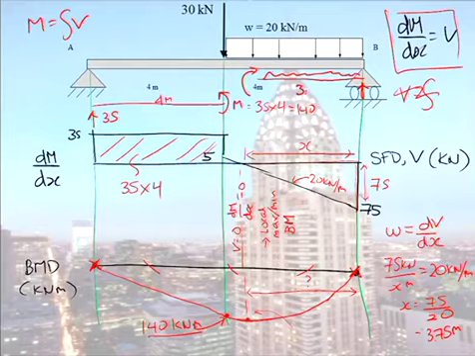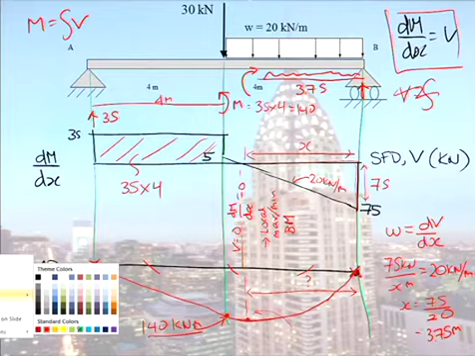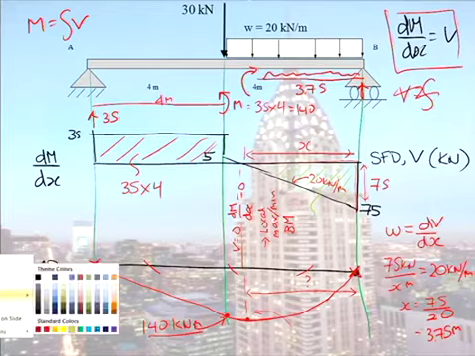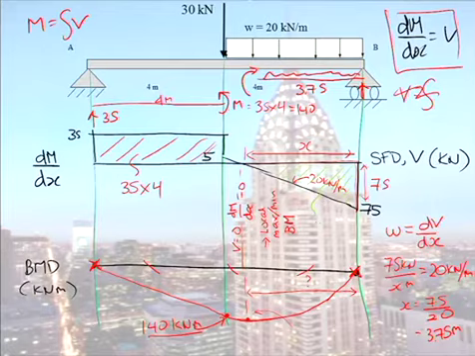Now, if I want to know the moment there, I could just cut it there at 3.75 metres and actually use equilibrium and calculate that moment. Perfectly valid way. But what did we say bending moment is equal to? It's equal to the area under the shear force diagram. So what's the area of a triangle equal to? Half base times height. So it's equal to 75 times x on 2.